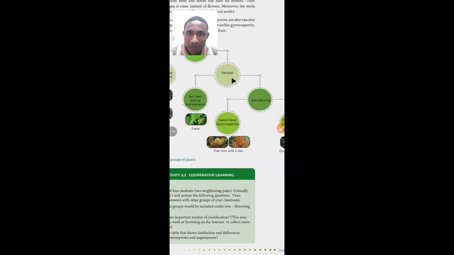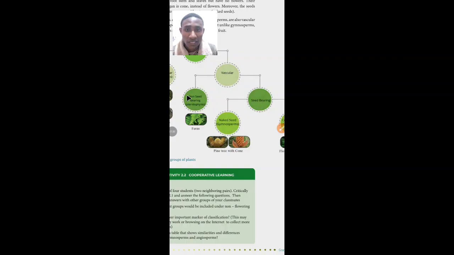Those vascular plants can also be divided into two parts: seed bearing and non-seed bearing. Bear means to carry. So the plants that carry their seed are known as seed bearing, but the plants that do not carry their seed are known as non-seed bearing plants.